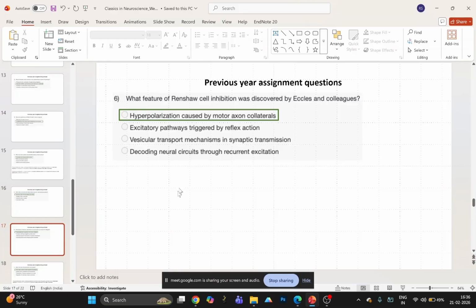And why was that? That was because the collaterals, or the branches of the motor neuron axon, were synapsing with the Renshaw cells. And then those Renshaw cells, or the interneurons, were inhibiting the motor neuron itself, causing the hyperpolarization that Eccles and colleagues observed.